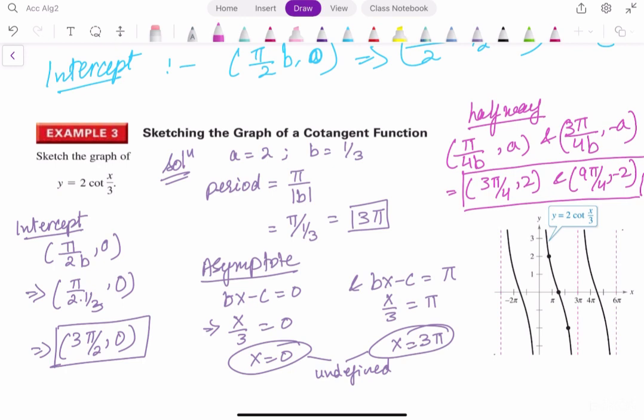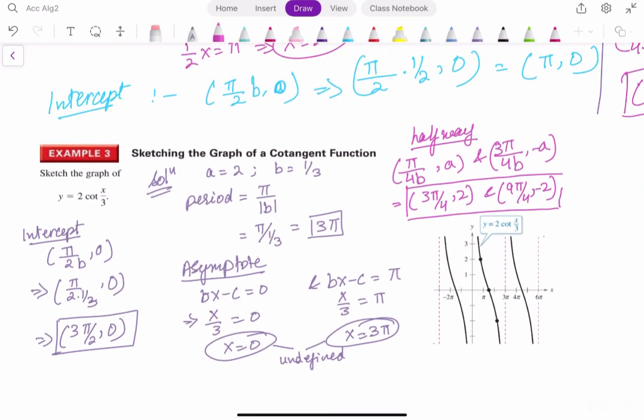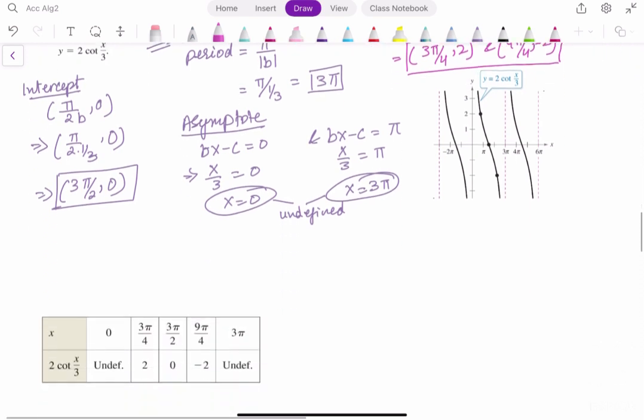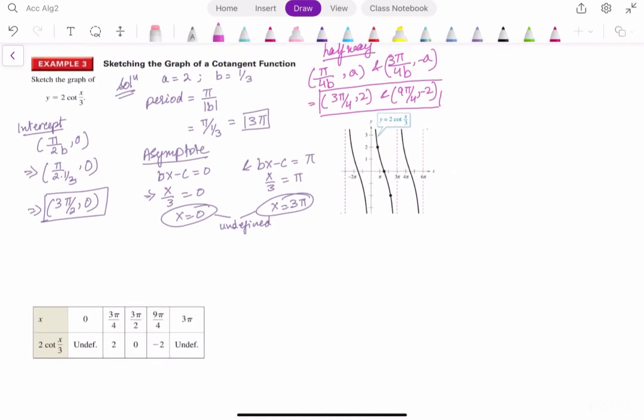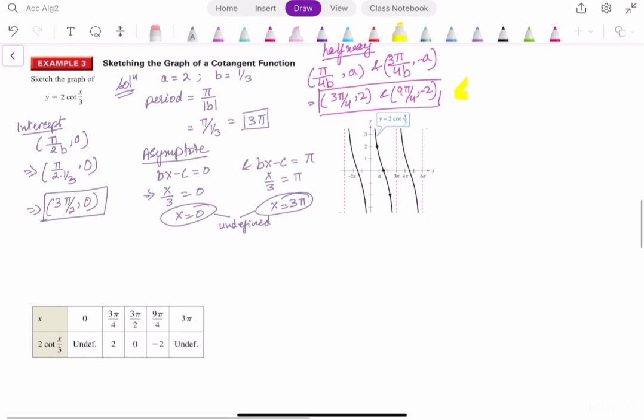On the graph you cannot see 9 pi fourths comma negative 2 properly because it is not labeled, but you can see between pi and 3 pi there is a point giving the value negative 2, and this is how the table will look. This table matches with all the calculations we have made. See, 3 pi over 4 and 9 pi over 4, those are the halfways.